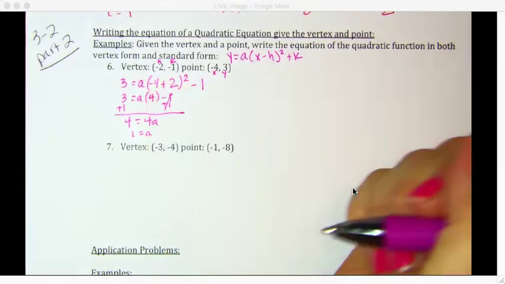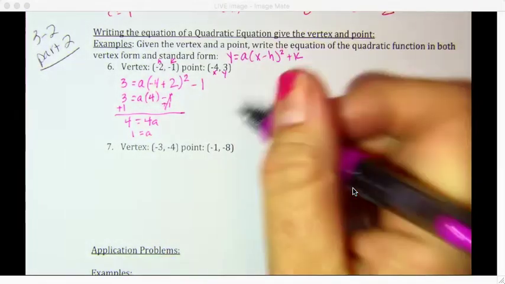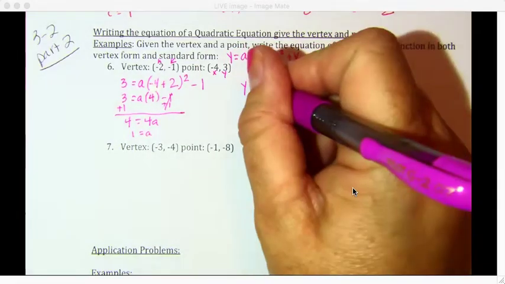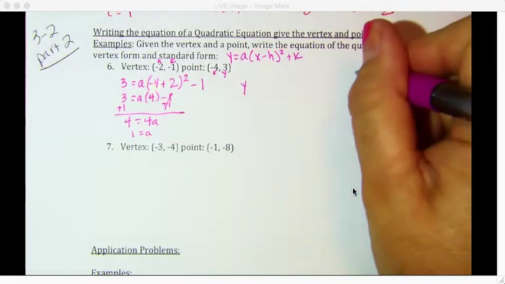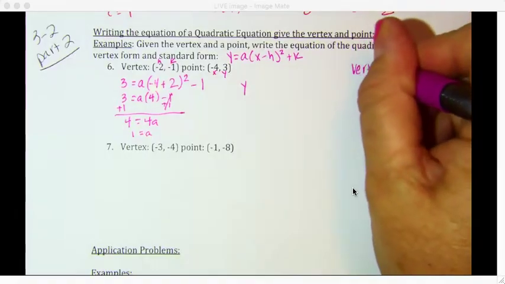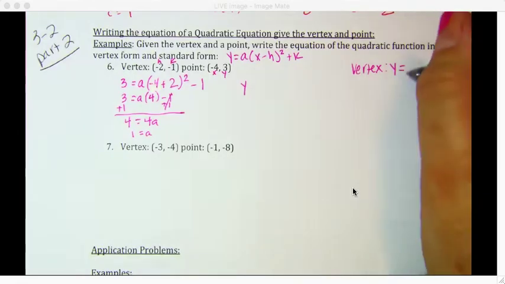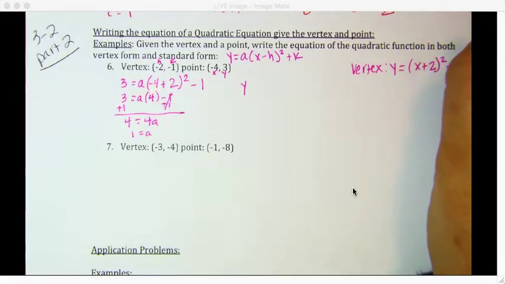Now, my a value is 1, and I know my vertex, so I can write this equation in vertex form. Vertex form is going to be y equals, my a value is 1, so I don't really need to put a 1 out front there. You can if you'd like to. And then I have x plus 2 squared minus 1.